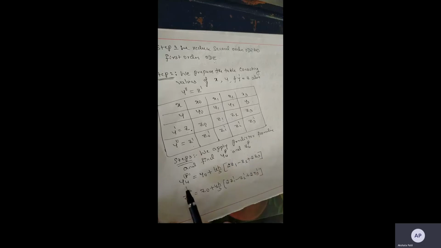The y4 of predictor formula is y0 plus 4h by 3 into 2z1 minus z2 plus 2z3, and the z4 of predictor formula is z0 plus 4h by 3 into 2z1 dash minus z2 dash plus 2z3 dash. Okay, so let us move to step 4.